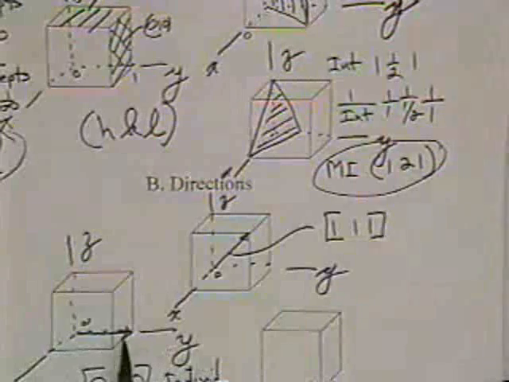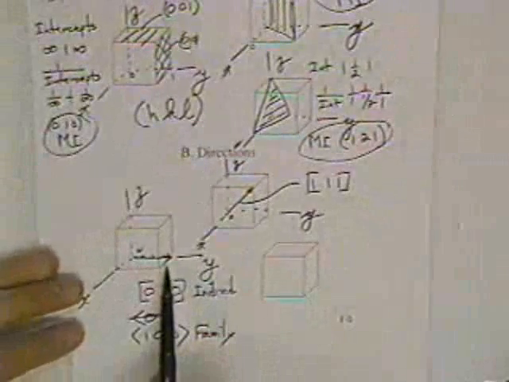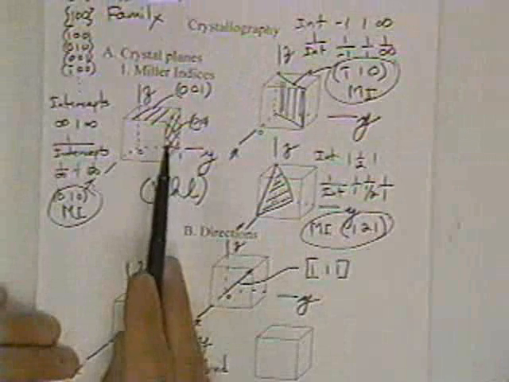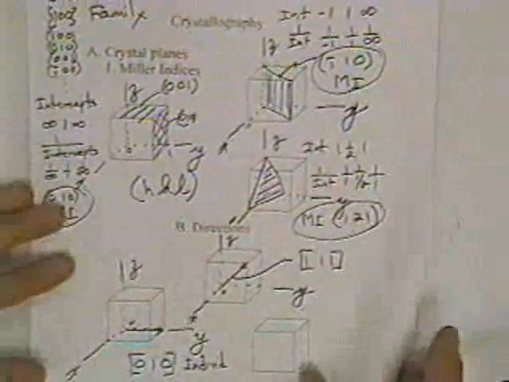So a 1, 1, 1 direction is going to be perpendicular to a 1, 1, 1 plane. This 0, 1, 0 direction that I have down here is going to be perpendicular to this 0, 1, 0 plane.